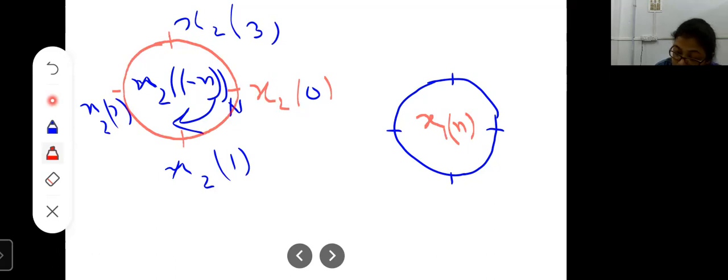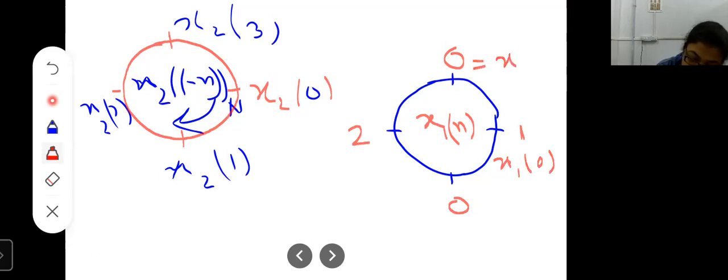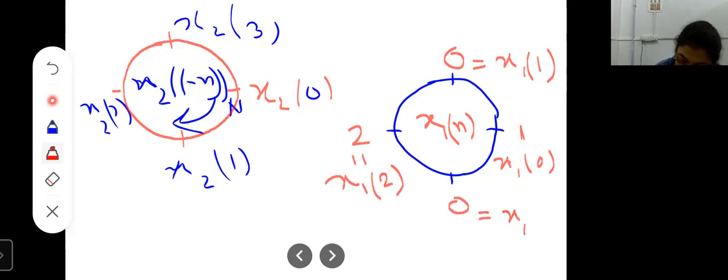The 0th position value is 1, then it comes 0, then this is 2 and 0 again. So this position is x1(0), this position is x1(1), this is x1(2), and this is x1(3).